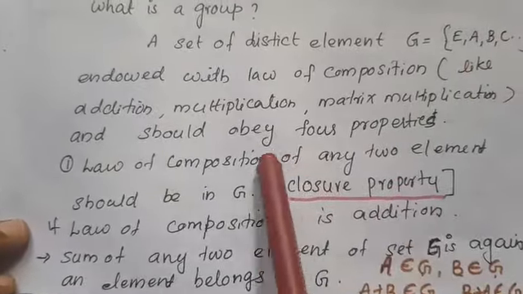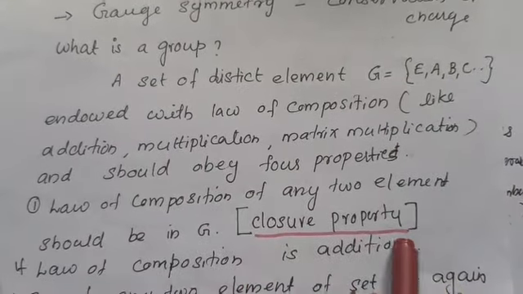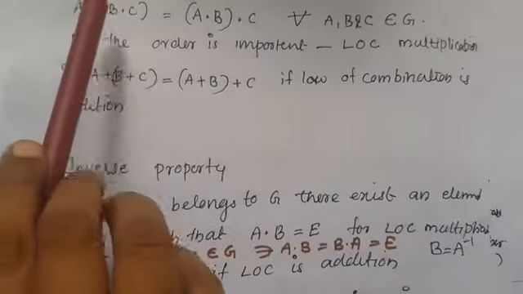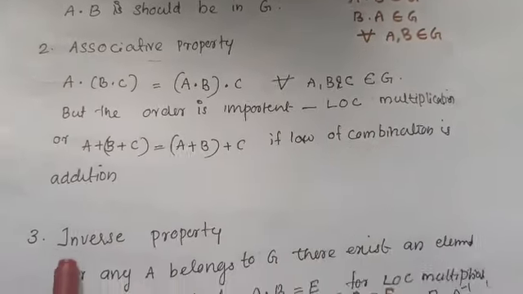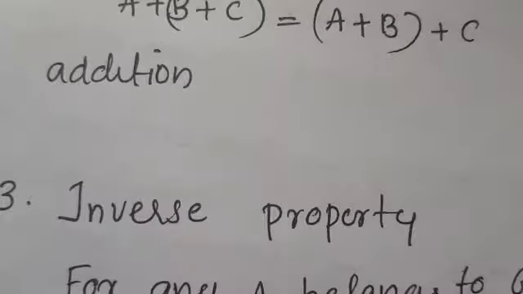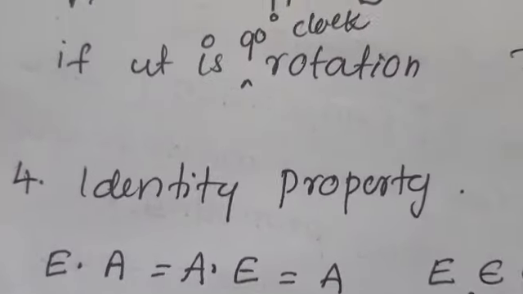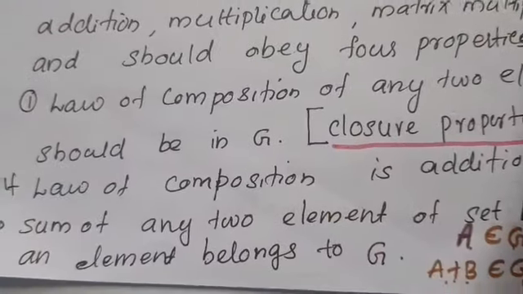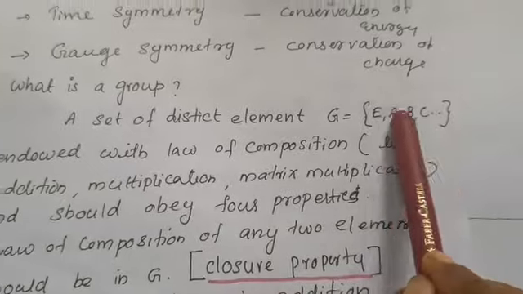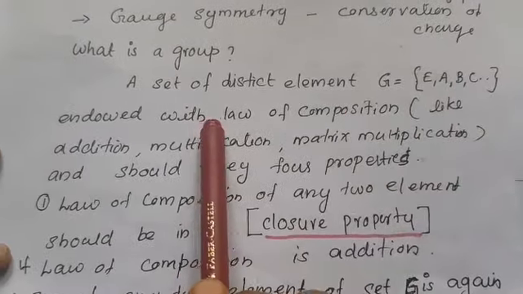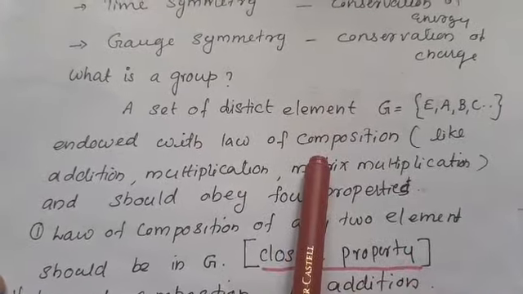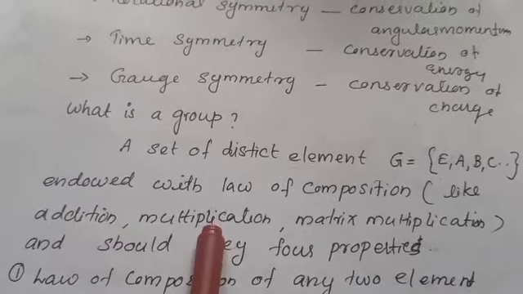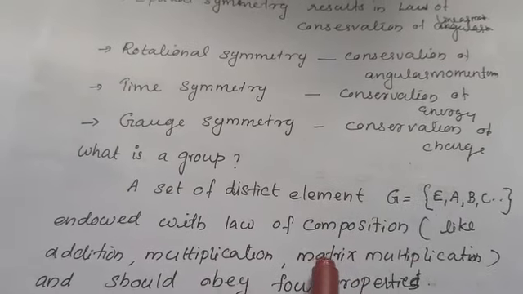Or certain properties. The first property is the closure property, the second is the associative property, the third is the inverse property, and the fourth is the identity property. So if the elements obey these four properties and the elements are formed by a certain composition, this composition may be addition, multiplication, or matrix multiplication.